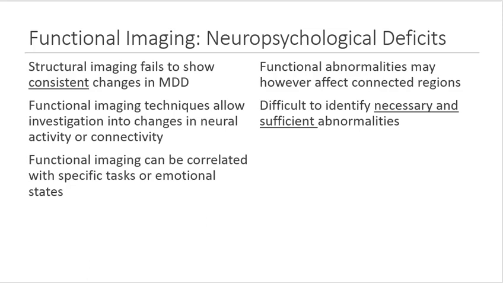So how can we use these then to further understand neuropsychological deficits? What we'll look at is using this at the same time as looking at some structural imaging, because structural imaging can fail to show consistent changes in MDD, whereas functional imaging techniques allow us to investigate changes in neural activity or connectivity. So not just brain areas, but how does the brain connect to each other?